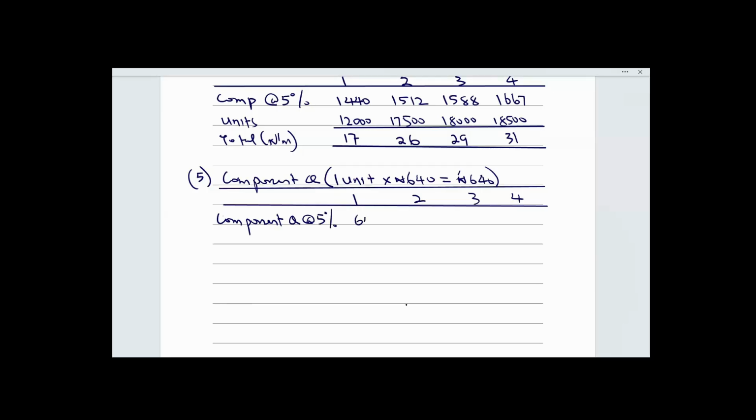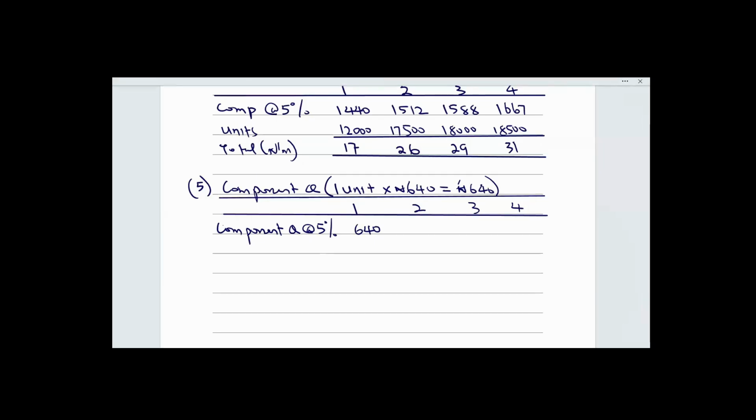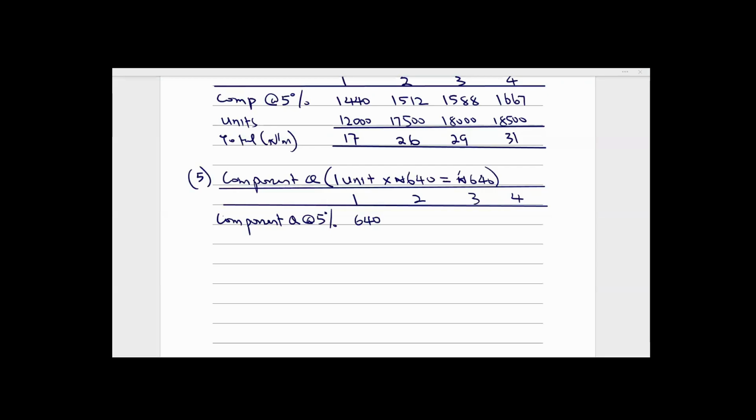First year price is 640. 640 multiplied by 1.05 is 672. What you have in the calculator multiplied by 1.05 is 705.6, so 706.